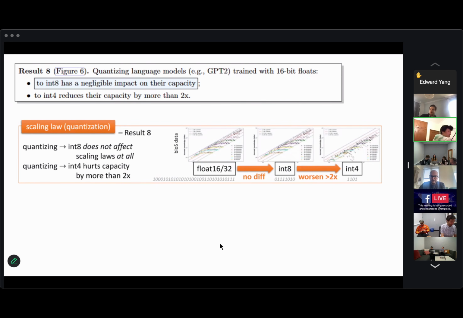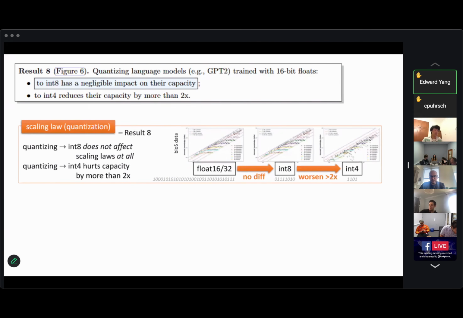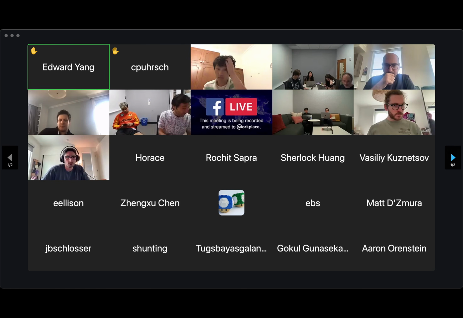Oh, go ahead, Greg. I was just going to call on you. I have a follow-up question to Greg's question, which is, did you notice any patterns to this? Because we have a similar problem, which is that we like to cast to float 32 and then not truncate them in our generated kernels because it's faster.